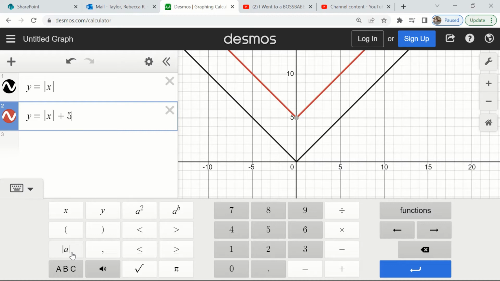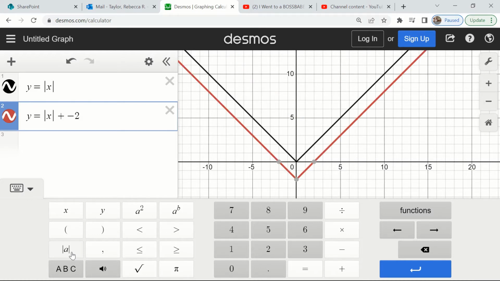Now we want to make sure that we're using positive and negative values. So let's say I add -2. For most of us, instead of writing plus -2, we would write -2. That is exactly the same thing. So if I add -2 or subtract 2, I am sliding the graph down.